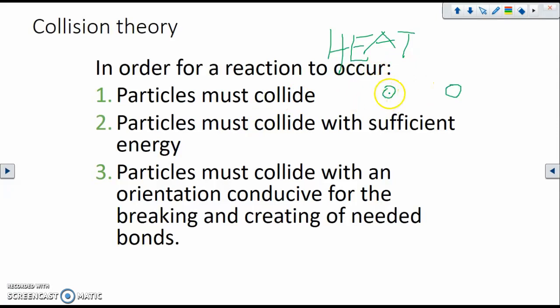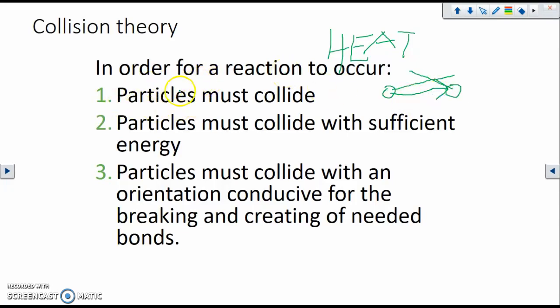Remember, a molecule or atom at very, very low temperatures does not move. When you increase the heat, the molecule or atom starts moving around. Because they are moving around, there is a higher likelihood for two atoms to collide.